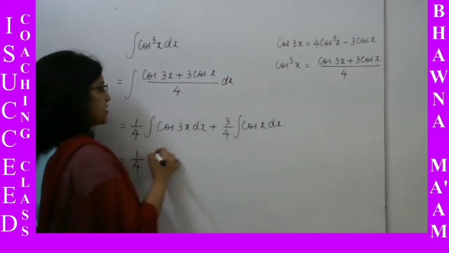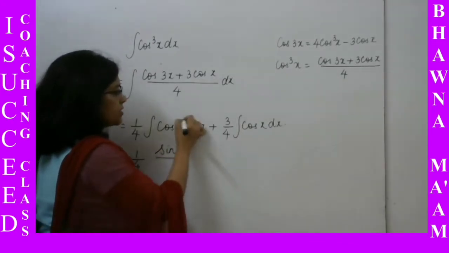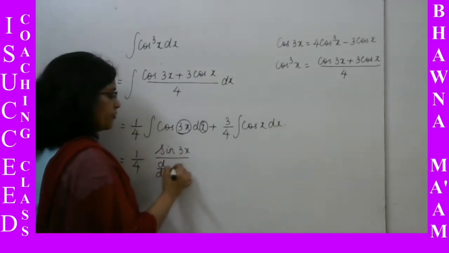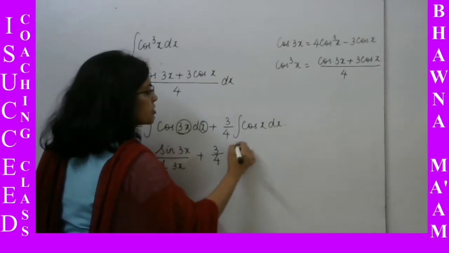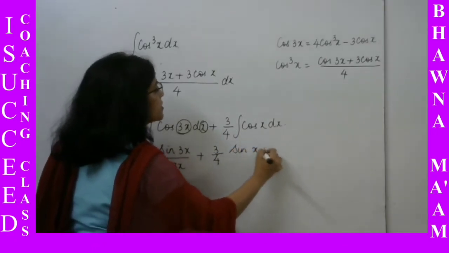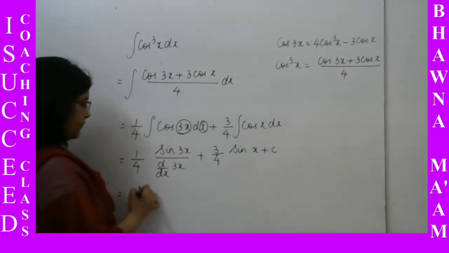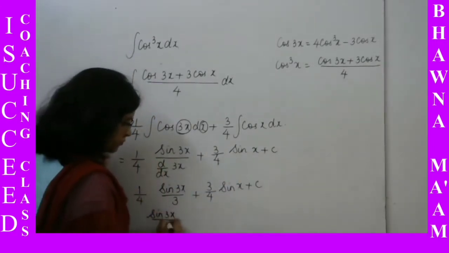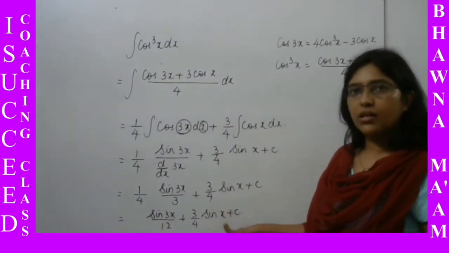Integration of cos 3x is sin 3x, again this is 3x and here we have x, so we divide by the derivative of 3x. Integration of cos x is sin x, plus the constant. The derivative will be 3. And this is what your answer is.